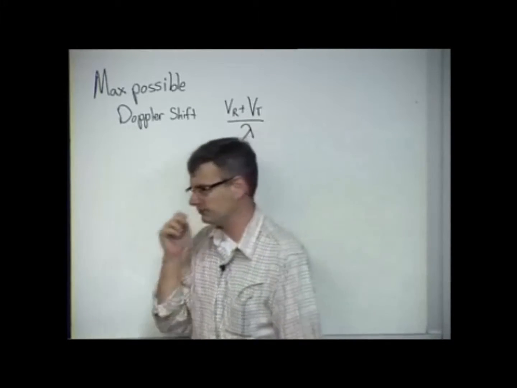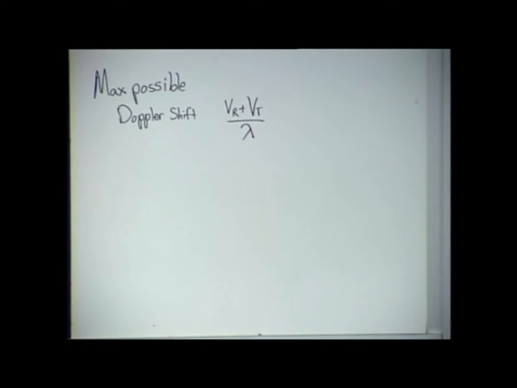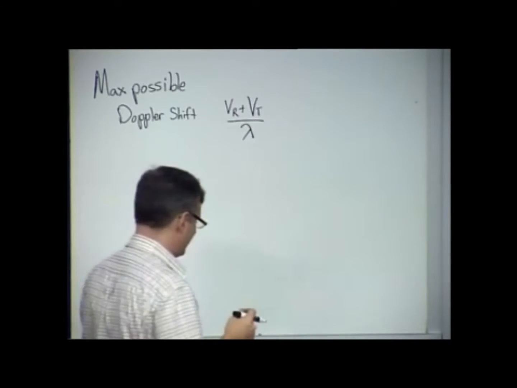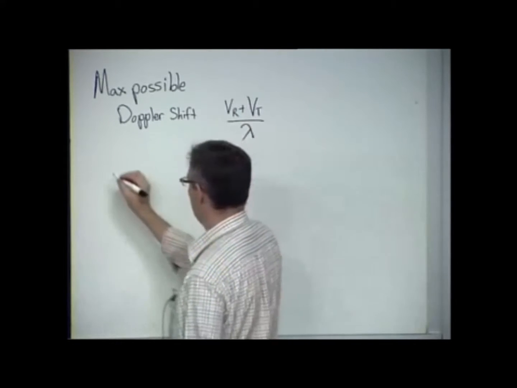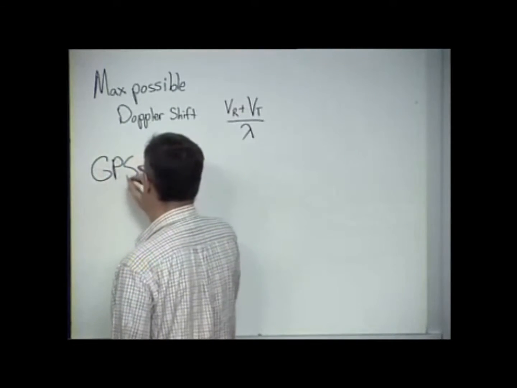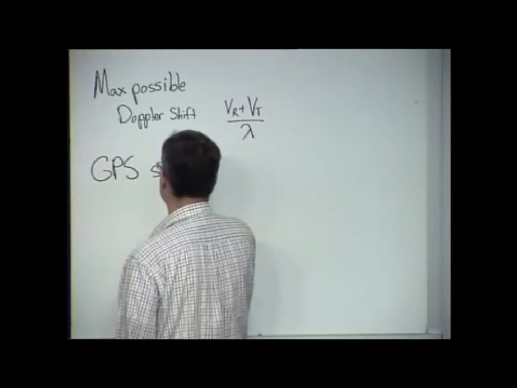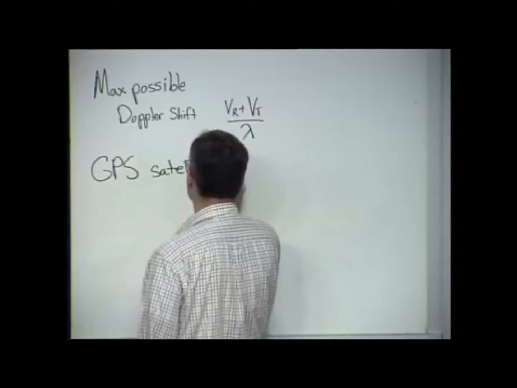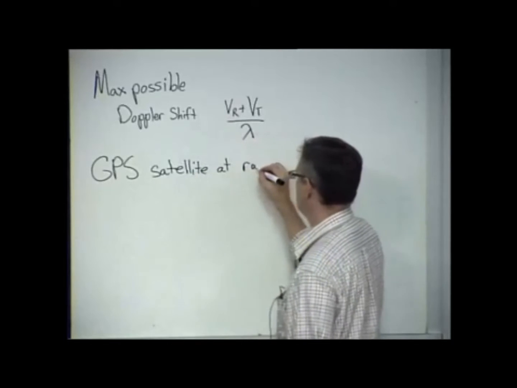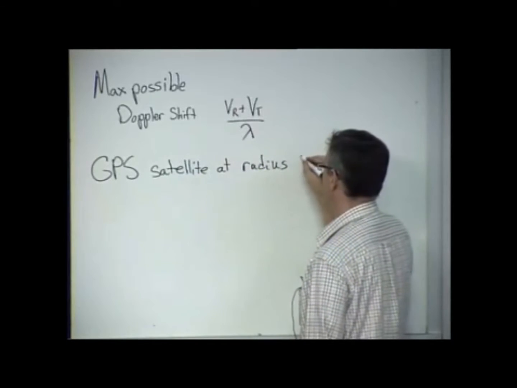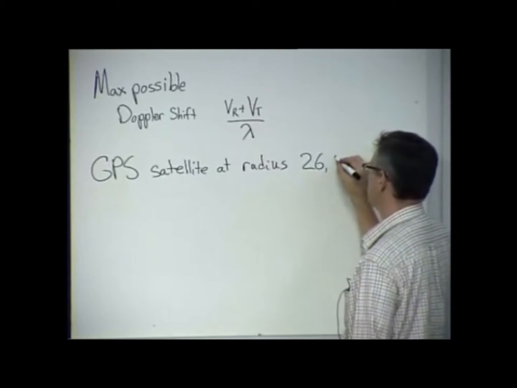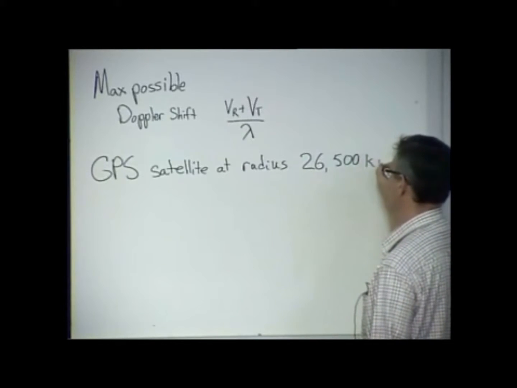Okay. So let's put some numbers to this phenomenon. Why do we care about it in satellite communications? This is important. Let's say I have a GPS satellite. GPS satellites orbit at a radius of about 26,500 kilometers.